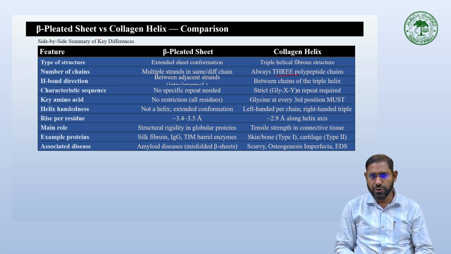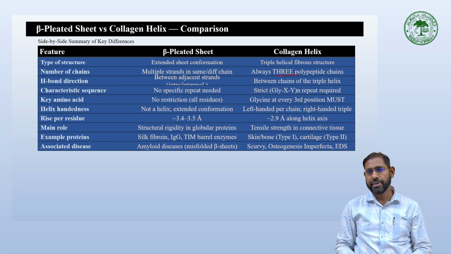Beta pleated sheet is not a helix, it is an extended conformation, but collagen is left-handed per chain and a right-handed triple helix. Beta pleated sheet has 3.4 to 3.5 angstrom rise per residue. Collagen has 2.9 angstrom rise per residue.